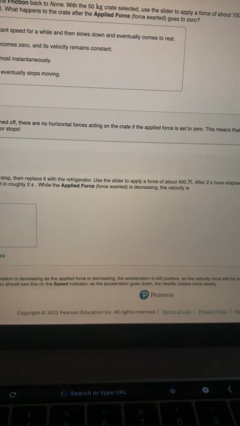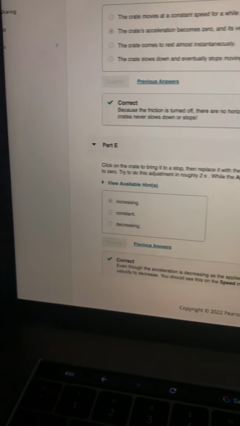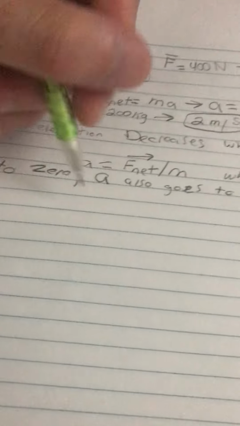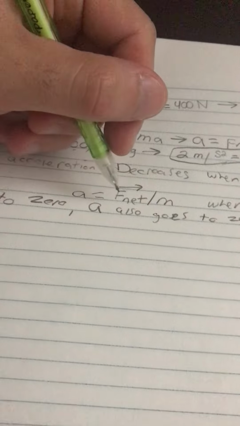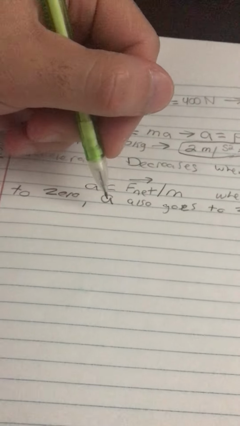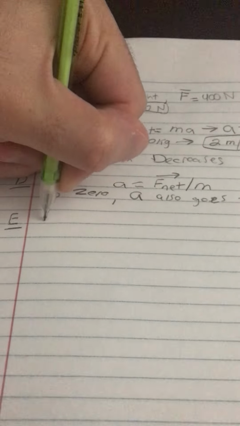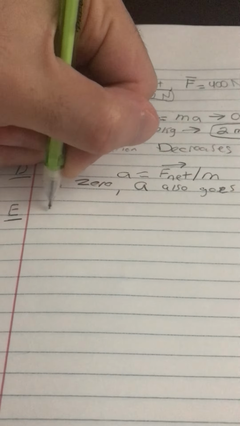When the applied force is decreasing, the velocity is, well, let's think about this. Your velocity depends on your acceleration.